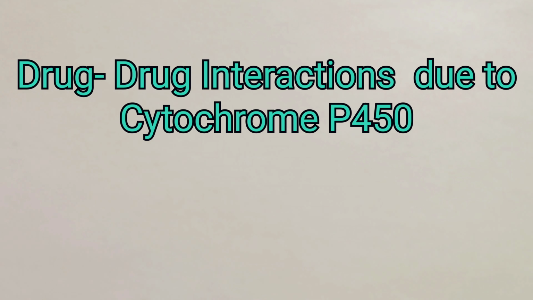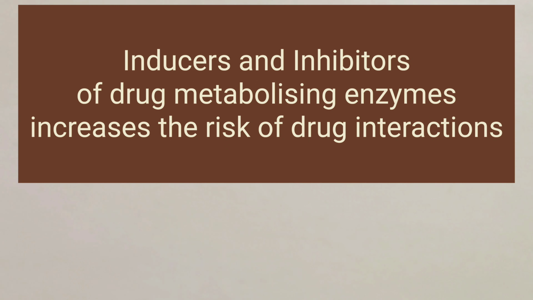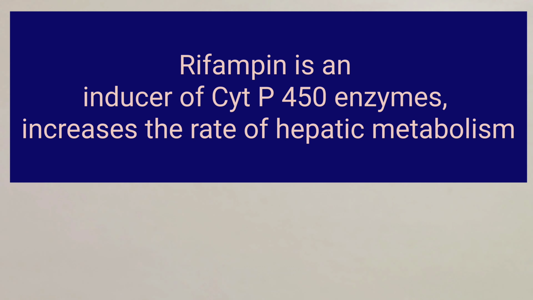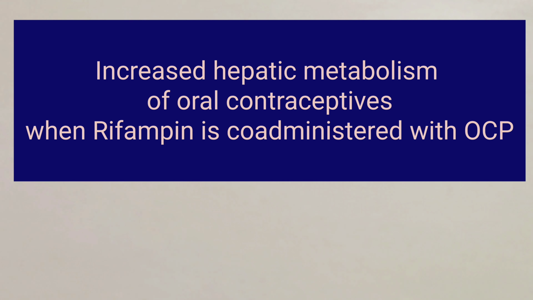Next is drug metabolism. Drugs can stimulate or inhibit the synthesis of drug metabolizing enzymes leading to drug interactions. For example, rifampicin can cause contraceptive failure when administered together. This is because rifampicin induces the synthesis of cytochrome P450 enzymes which metabolize oral contraceptives.